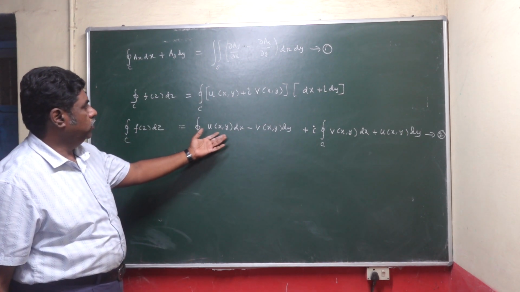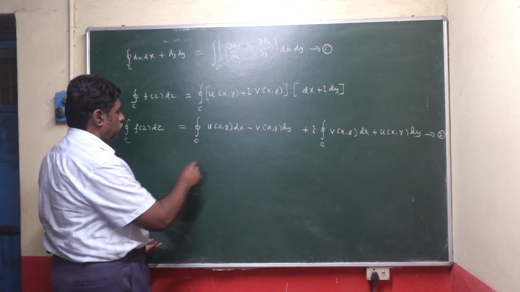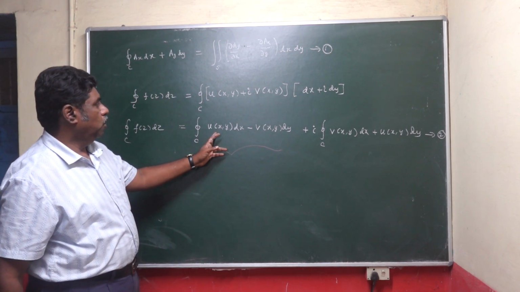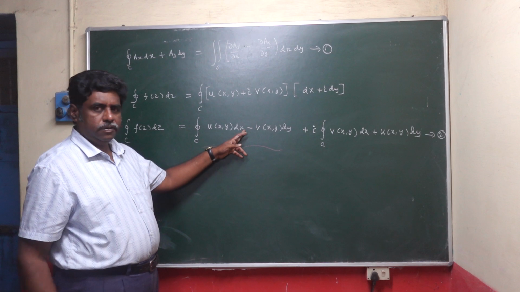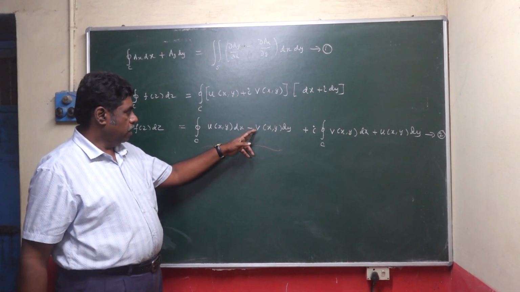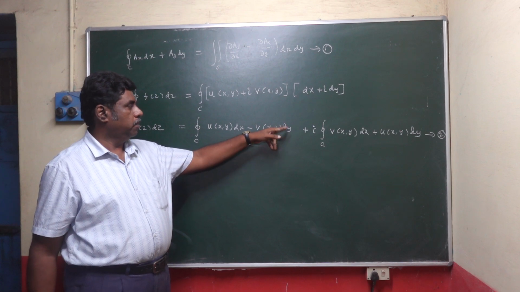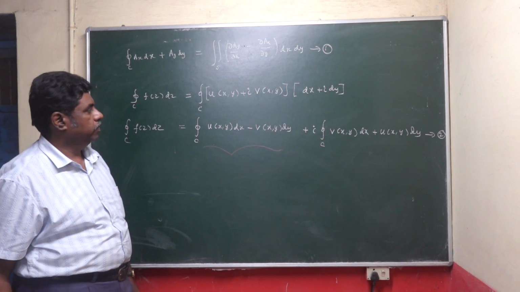If you approach this first integral in this way, actually this is in the form of u of x comma y dx plus, within the bracket, minus of v of x comma y, close the bracket, into dy.